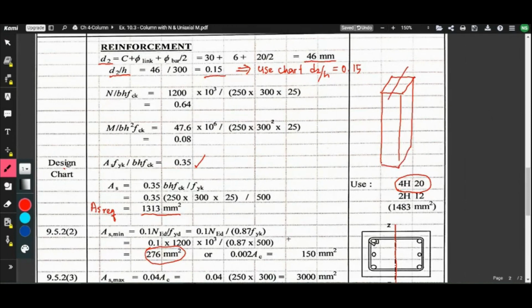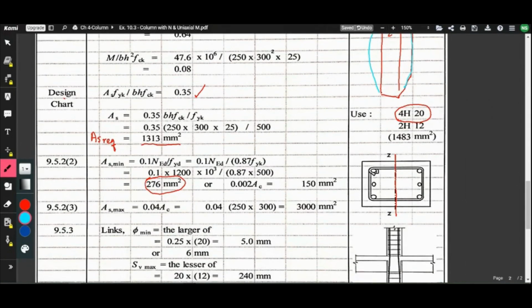So it will bend to the left or to the right of z. Therefore we have to strengthen it with additional reinforcement bar.